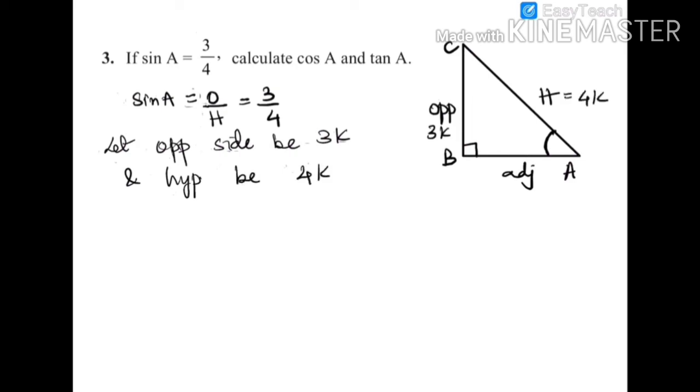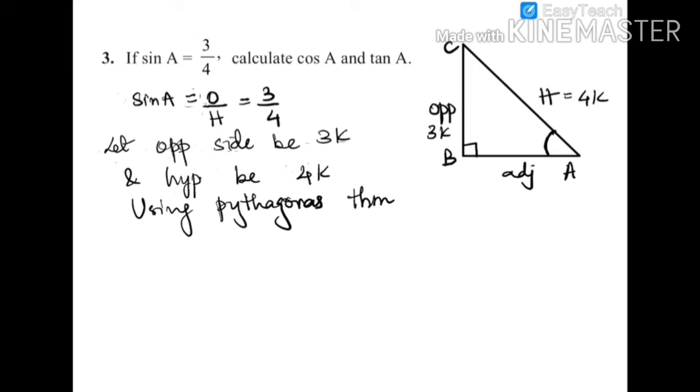Now that we have two sides of a right triangle, we can find out the third side using Pythagoras theorem. We know that 3, 4, 5 are Pythagorean triplets, but 5 is the hypotenuse in those triplets, and here we are given the hypotenuse as 4k. So 3, 4 and 5 cannot be the sides of this triangle.